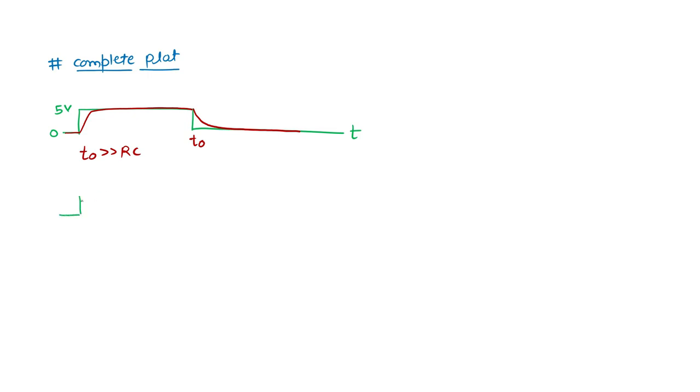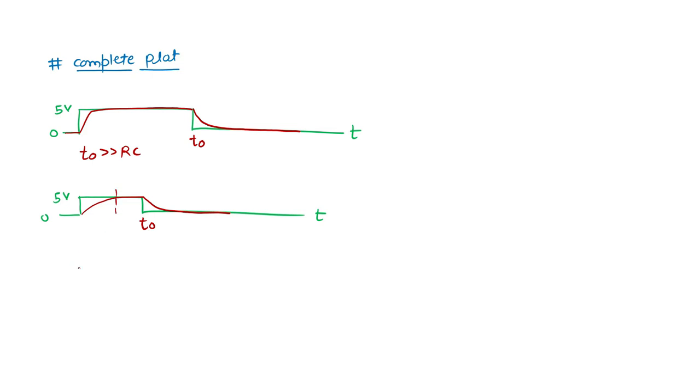Let me reduce this T naught to some value, and after that I stay forever at 0, between 0 and 5 volt. And here also there is a possibility that I reduce the T naught to the instant somewhat here, where it reaches the 5 volt, and after that it reduces and stays. So this is my T naught.